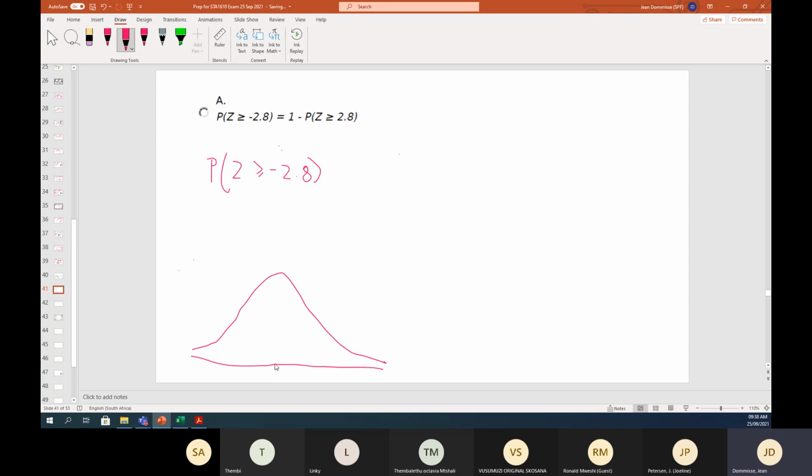In the middle is the 0, so somewhere here is minus 2.8. They ask us for the bigger number, so they want us to work out that. So let's actually work it out.